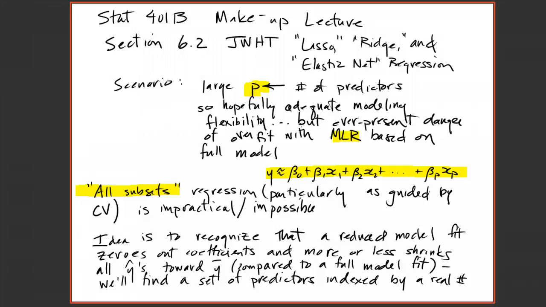And so the idea here is to recognize that a reduced model fit zeroes out some coefficients and thereby more or less shrinks y hat values toward y bar.